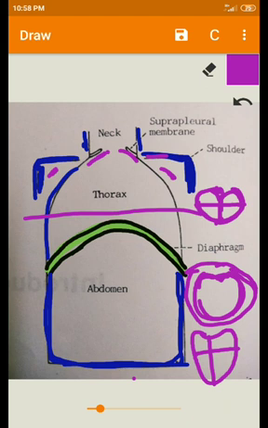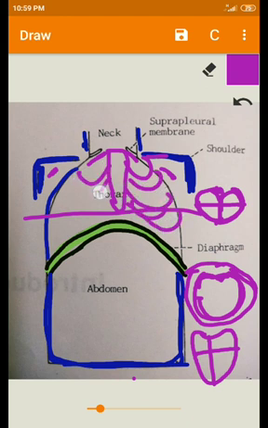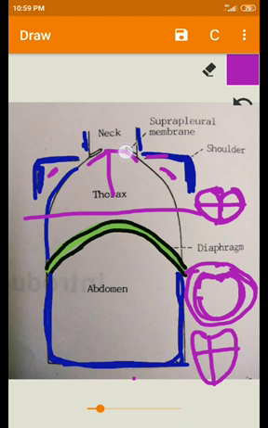Normally, with the sternum here, the ribs are arranged with some angulation like this, but such an arrangement is not seen in infants. The ribs are arranged horizontally in infants.